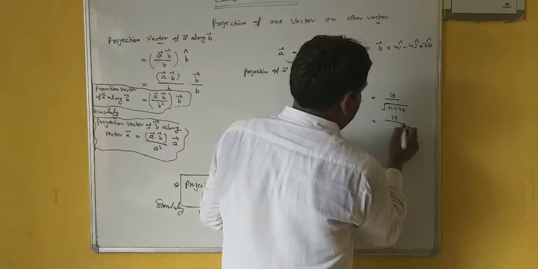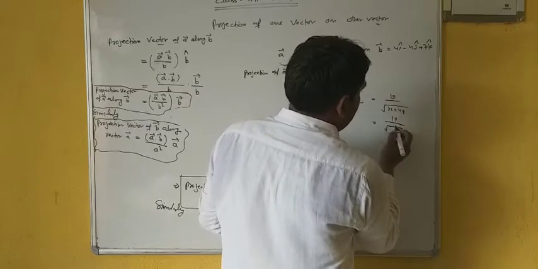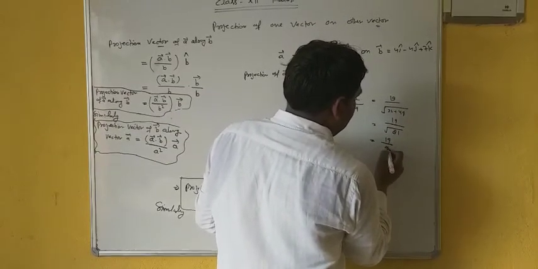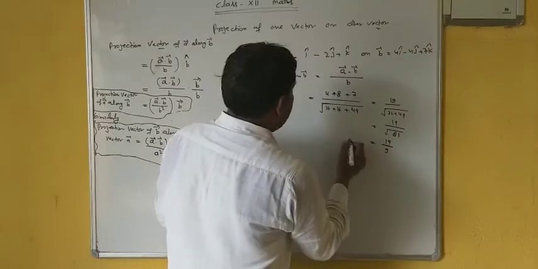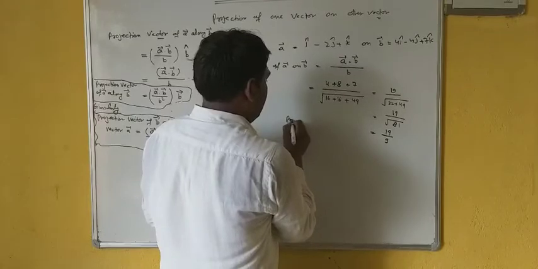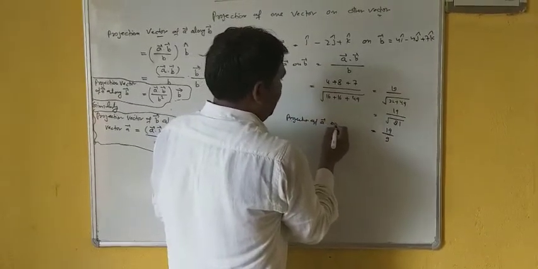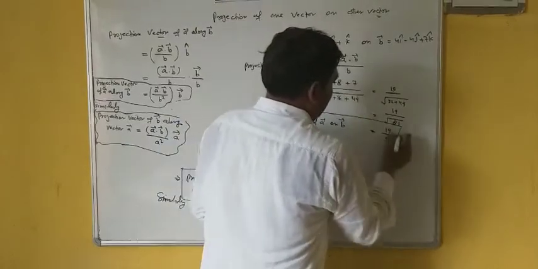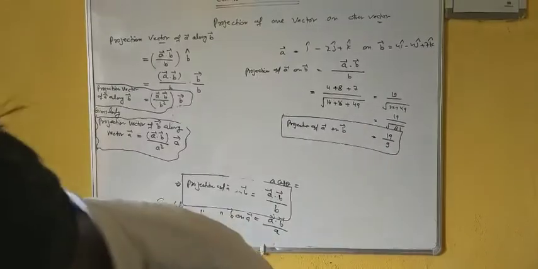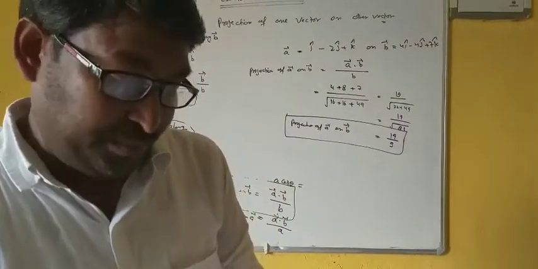So 19 upon under root 81, which is 9. So 19 upon 9. This is the projection of vector A on B. This is your answer, 19 by 9. So in this question, you need to find the projection.